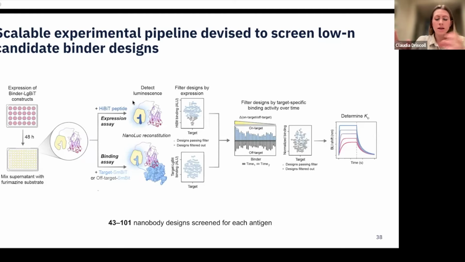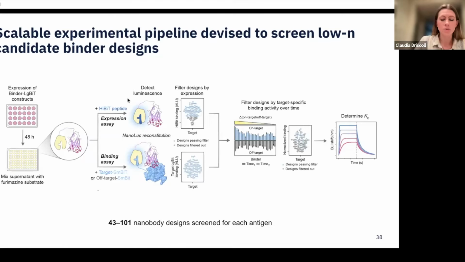Upon reconstitution of the large bit protein and the peptide, you reconstitute the nanoluciferase, which then luminesces, and you can use that as a readout for how much binder is present in your solution. So we use the top component of the pipeline to quantify expression.